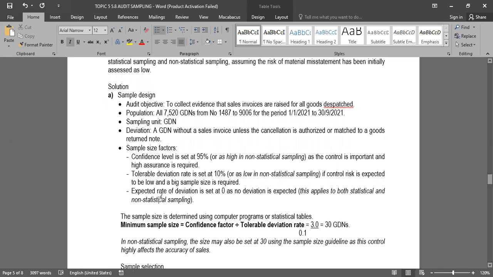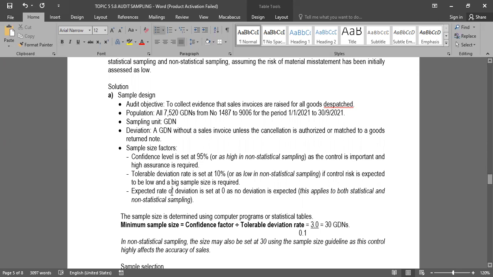Then the expected rate of deviation also is important because it helps you come up with this factor. As you'll see in some tables below, where you have a 95% confidence level but the expected rate of deviation is maybe 1, then the confidence factor will not be a 3, it will be something else.